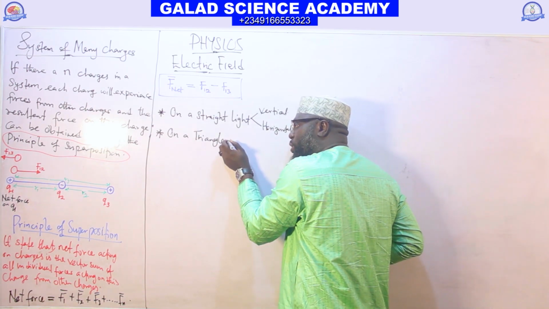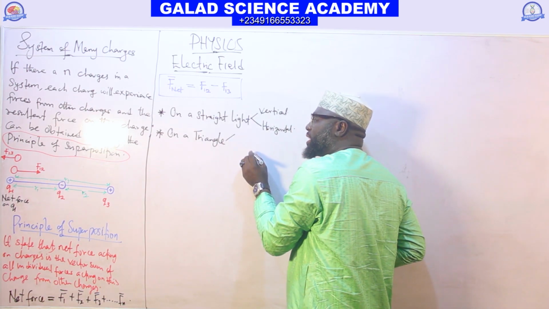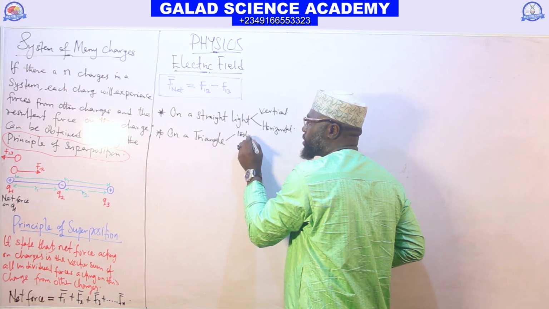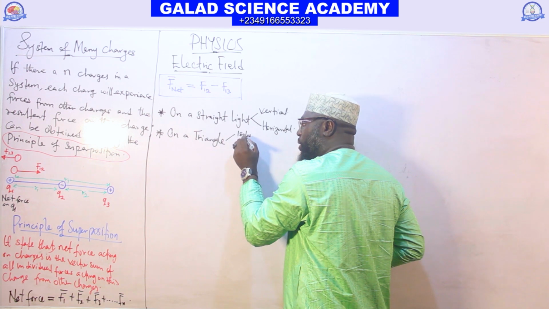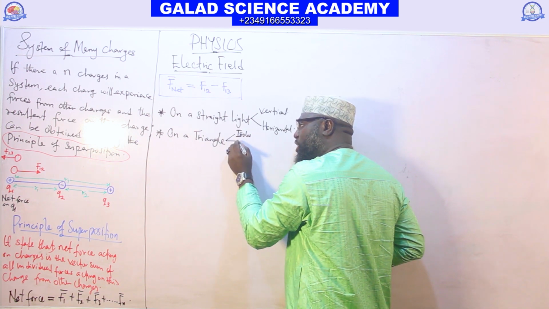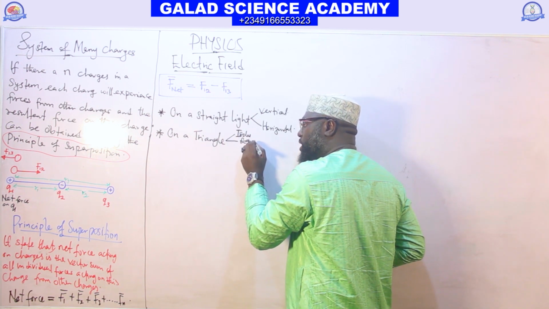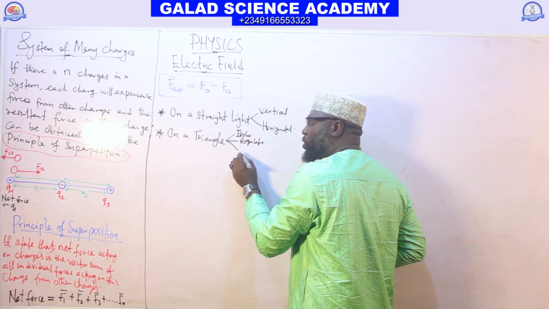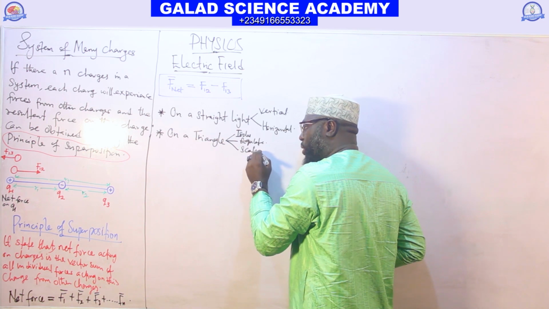Two, we can also have a system of charges on a triangle. This triangle we can have in an isosceles triangle, in an equilateral triangle, or in a scalene triangle.